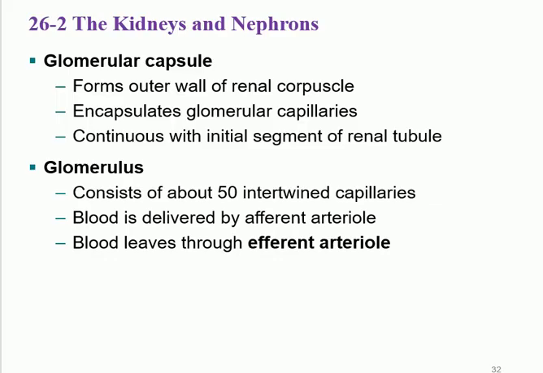So here it is. There is a glomerulus surrounded by glomerular capsule, and there is a space in between. And glomerulus is a tuft, a group, a bunch of capillaries that get the blood from what?